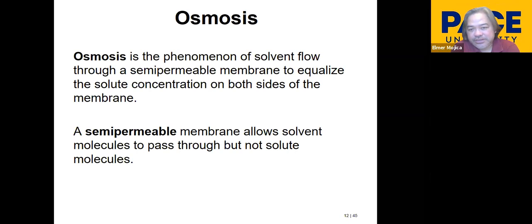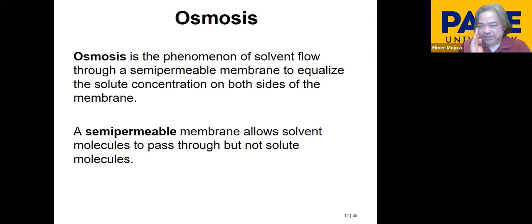It is the phenomenon of solvent flow through a semi-permeable membrane to equalize the solute concentration on both sides of the membrane. We could say this is the selective passage of solvent molecules through a porous membrane from a dilute solution to a more concentrated one.